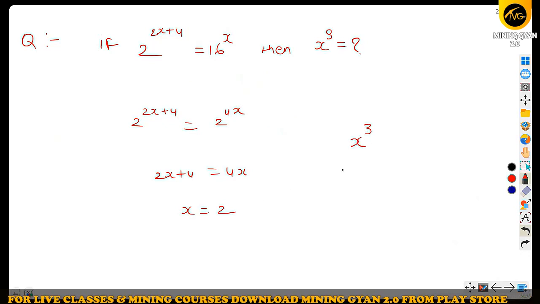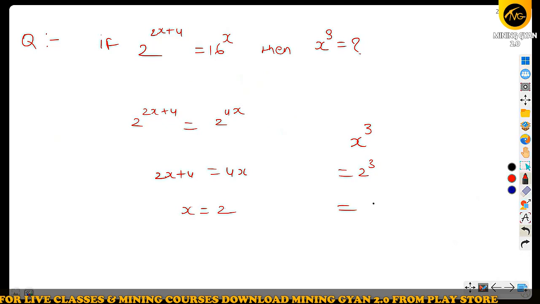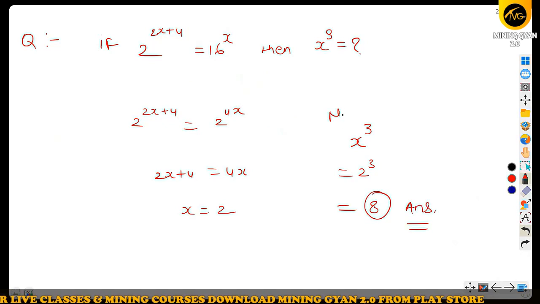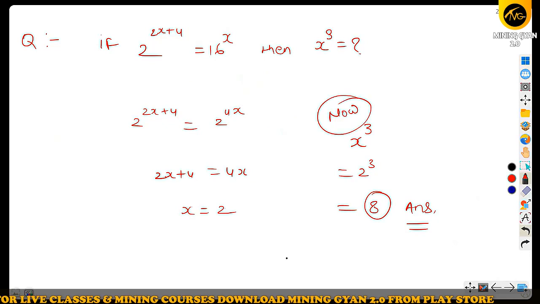So x cube is equal to 2 cube, that means 8. We should find the value of x cube. If the value of x is 2, we put it in x cube, that means 2 cube is equal to 8.